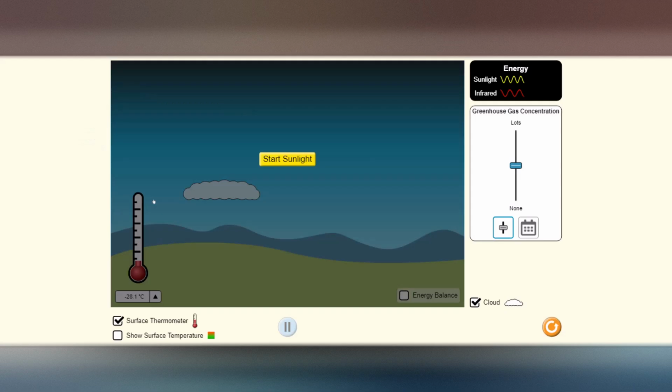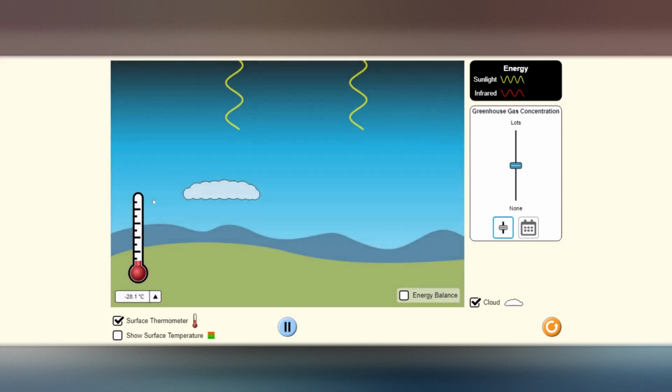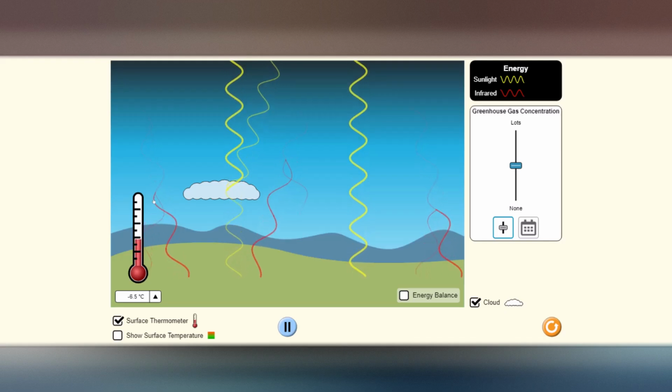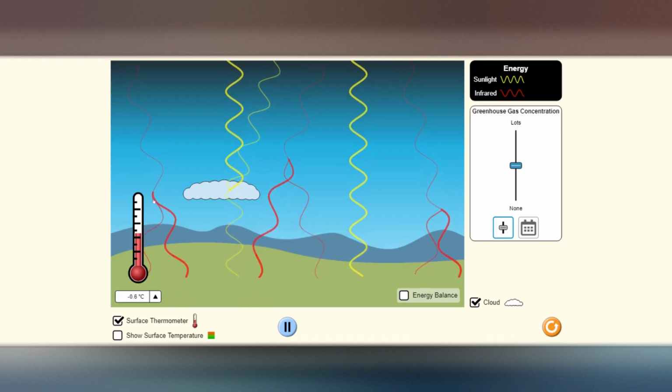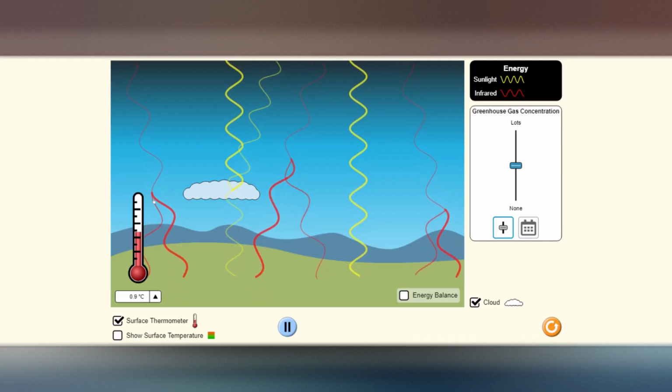So in normal greenhouse gas concentration, see the sun rays are reflected back to the atmosphere. See the difference between how much Earth absorbs and how much it reflects.